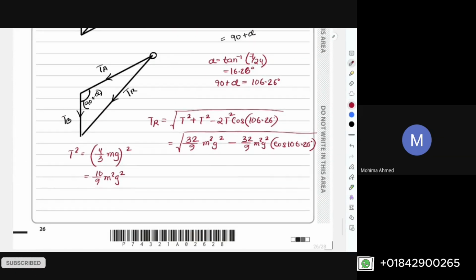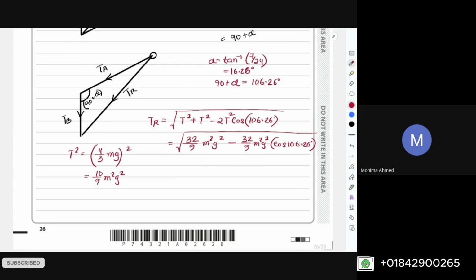Now we are doing this t square plus t square minus 2t, that's t square plus cos angle. Cos angle is 90 plus alpha. 1 minute, let me check the formula. Cos addition formula. Yeah, cos a plus b is cos a cos b minus sine a sine b.